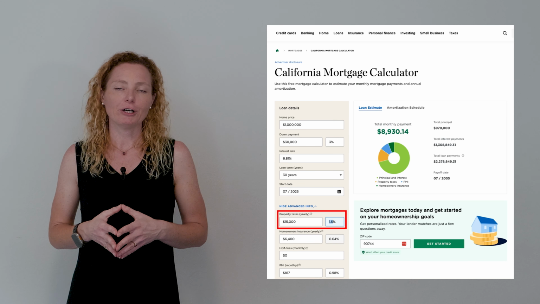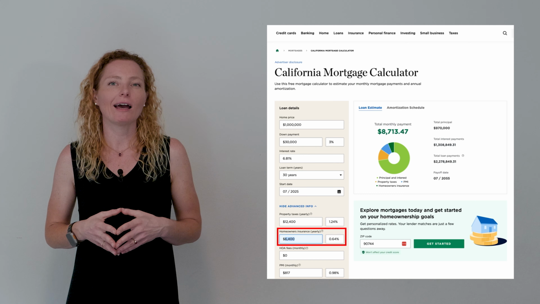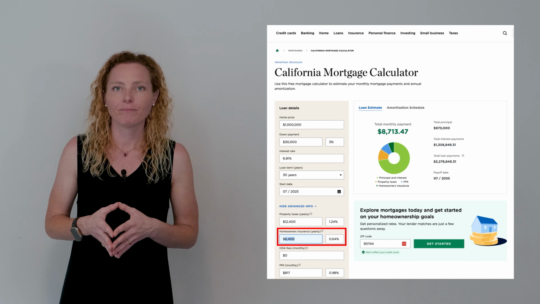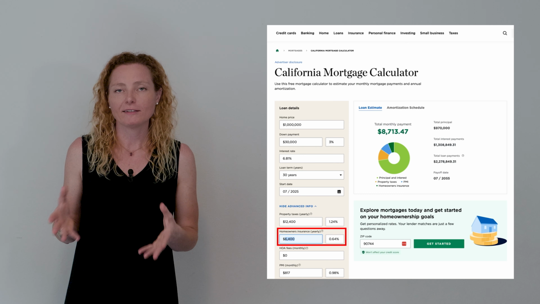Besides, it's a good idea to have anyway. There are different insurance providers out there with different rates, but I would say that these days you're looking at about $2,000 per year for homeowners insurance. So that's the number that we'll plug in. But keep in mind that the real number may be slightly more or slightly less than what we have here.